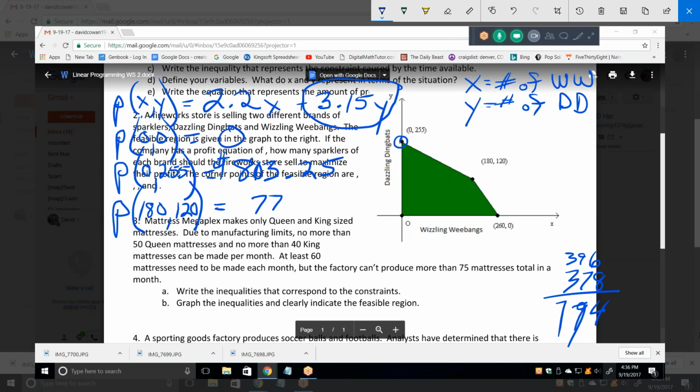Okay. And finally, what's the rest of it? So write the rest of it. 260, comma 0. And what is that?